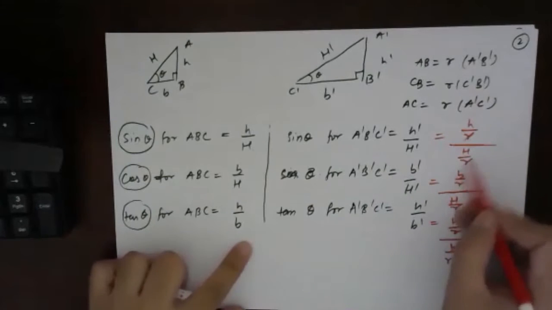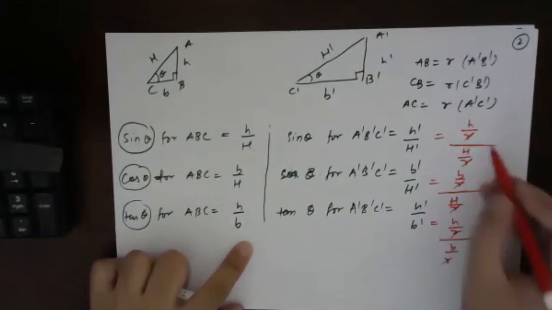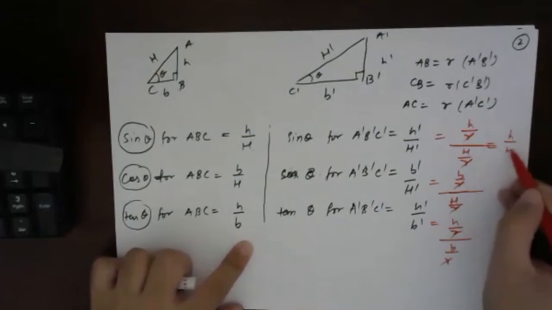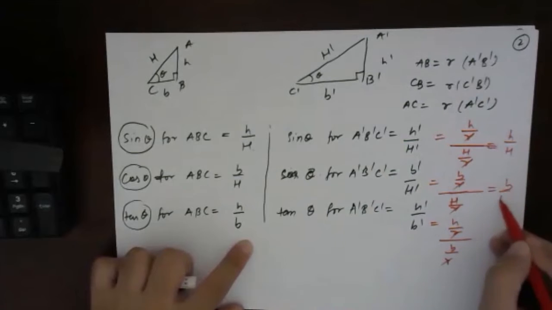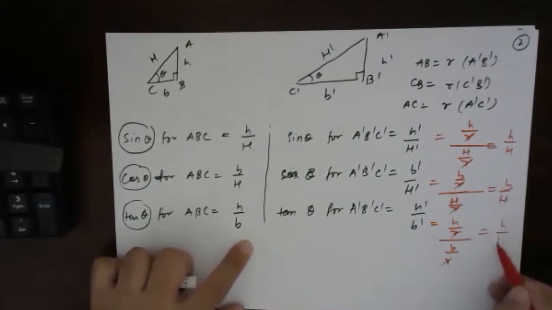So these R and R will get cancelled. So again, you will have h by capital H, here b by capital H, and here h by b.